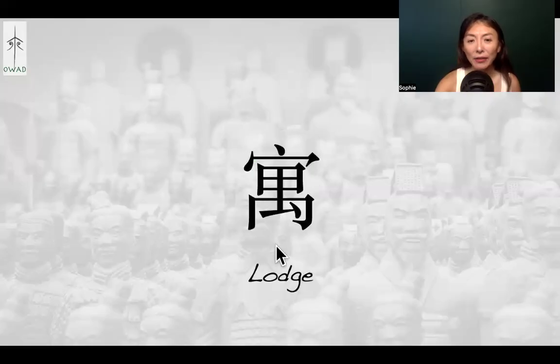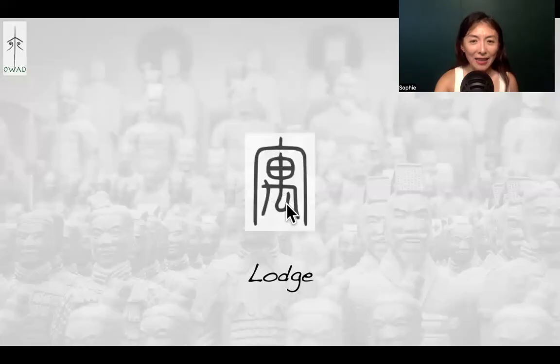And then we have this 寓, yu, lodge. And this character is a roof over a long-tailed monkey that was said to have a ghost head. That kind of looks like humans, but not exactly human. And that guest monkey in a house then developed this meaning of lodge, meaning this is not where the monkey belongs.